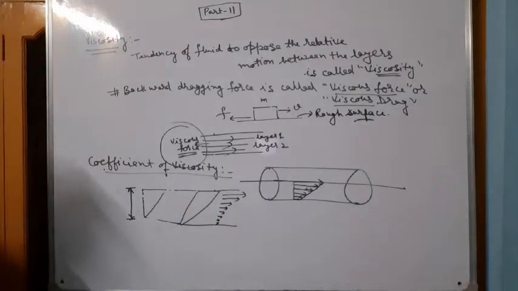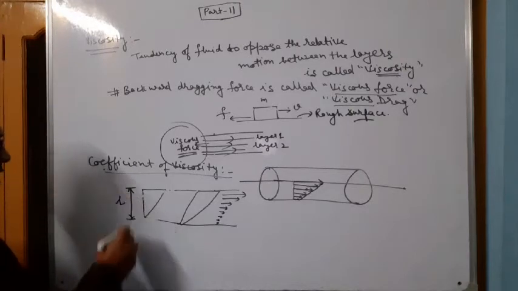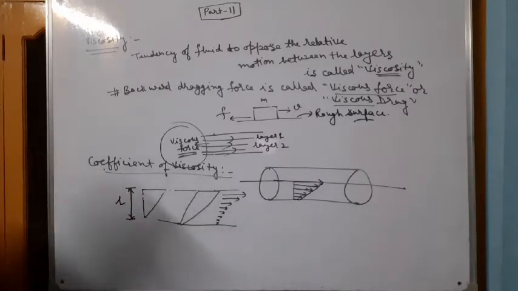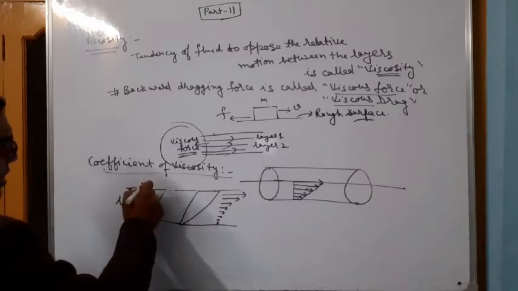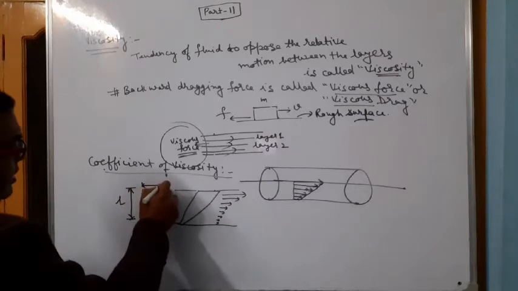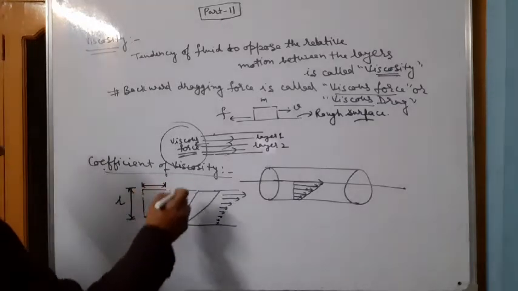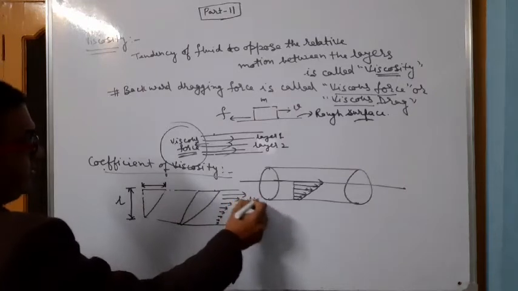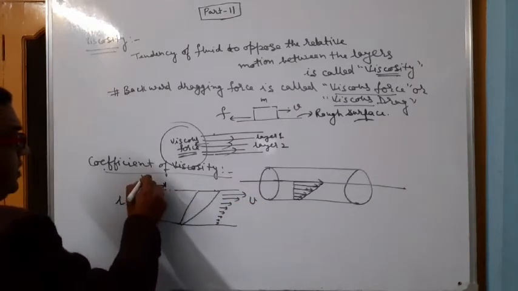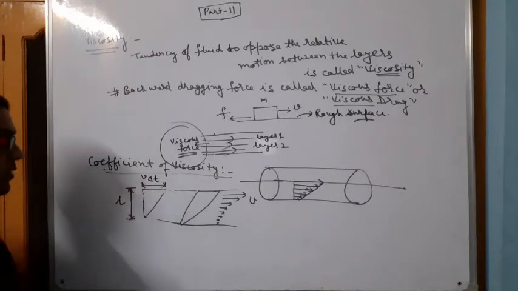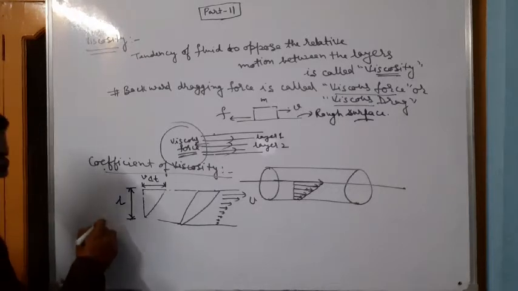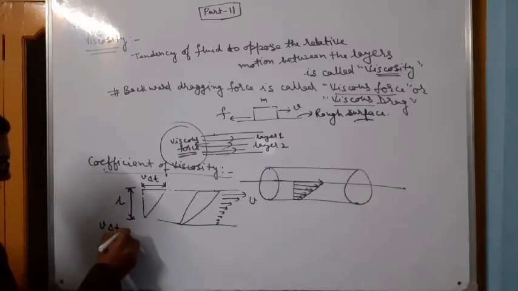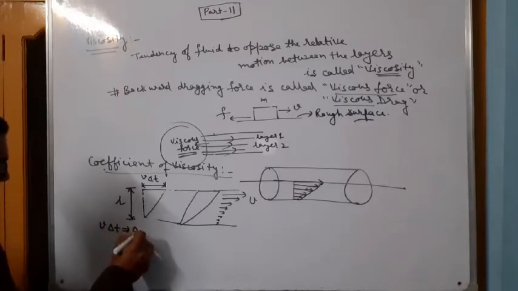If delta L is the distance moved, that is, if the fluid is flowing with velocity v, then v into delta t is the distance moved by the fluid, and v into delta t is called delta L.